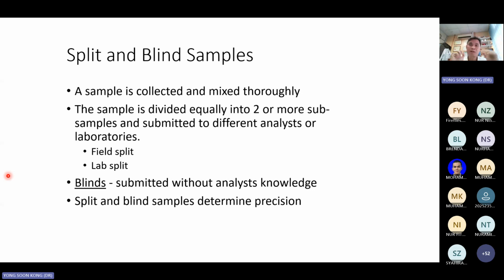Field split. Field split ni dia bergantung pada apa jua keperluan semasa analisis. Yeah. Because they don't preserve the same way. So that is for field split. Now lab split ni itu berbeza. Oh, by the way, some of the lab split and field split ni, they may share the same objective.